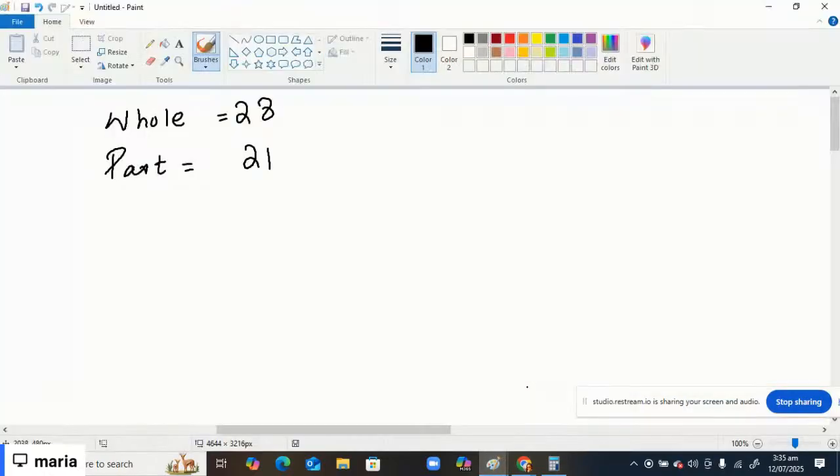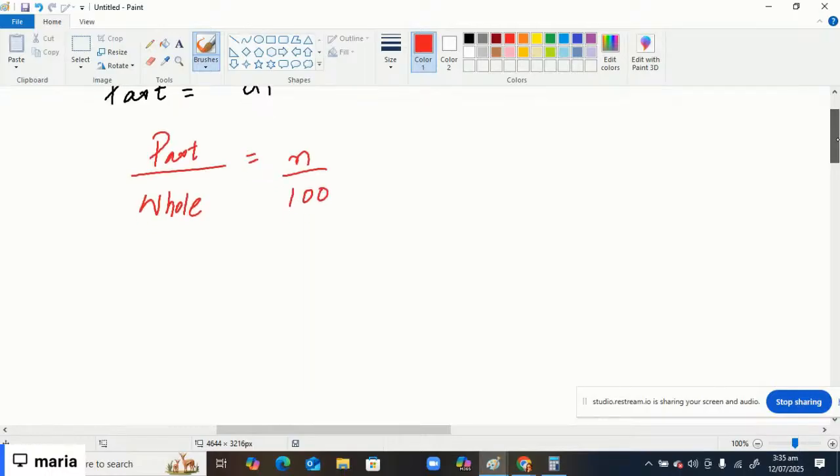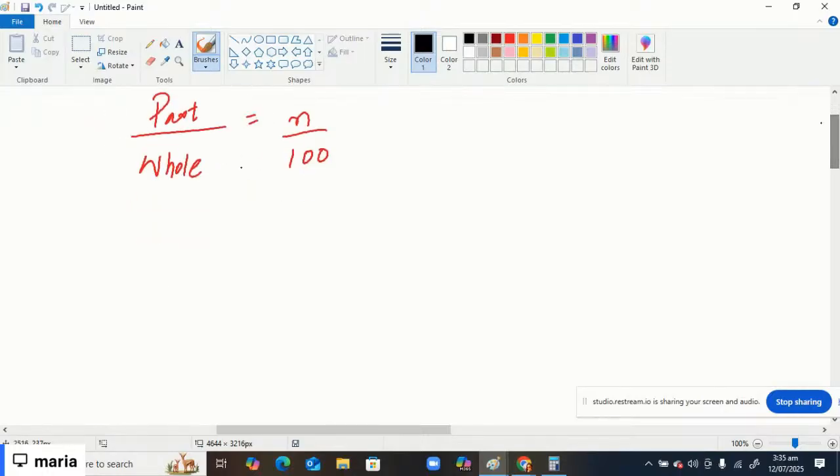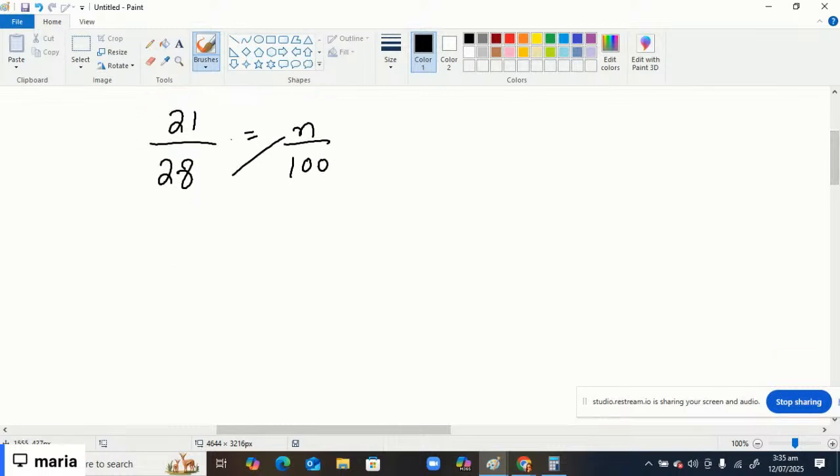Okay, now let's do it. So part over whole is equal to n by 100. Part is given which is 21, whole is given which is 28, n by 100. Now just cross multiply. 21 times 100, 28 times n.